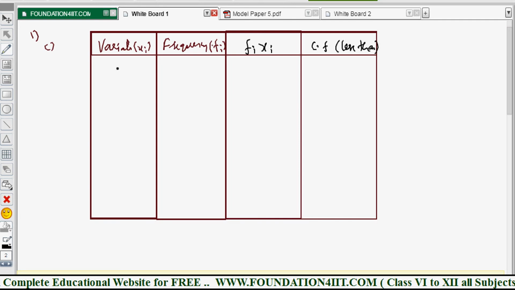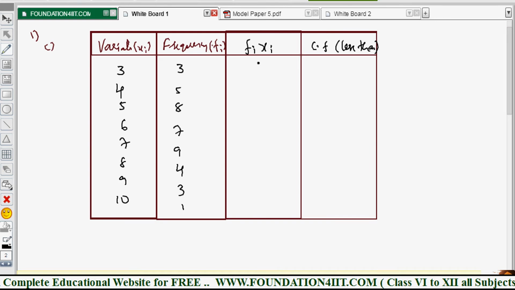First, the variate, the given data, as per the question: 3, 4, 5, 6, 7, 8, 9, 10. And the frequency from the question is 3, 5, 8, 7, 9, 4, 3 and 1.